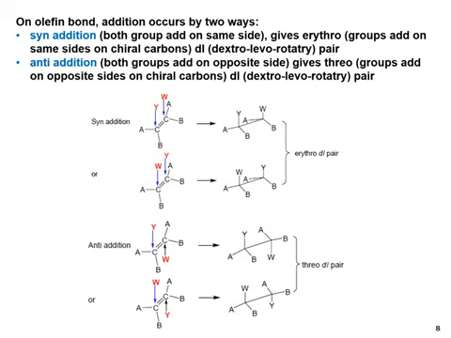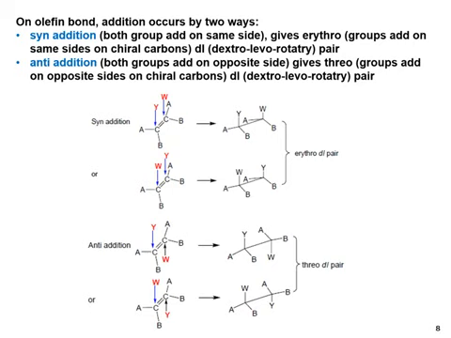When added in the first fashion, it gives one enantiomer. When it arrives in a cross fashion, it gives the second enantiomer. Overall, the product is a racemic mixture. In the second type, anti-addition, the W and Y groups are attached on the double bond carbons in opposite directions.